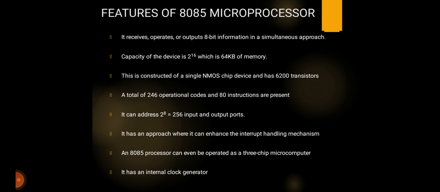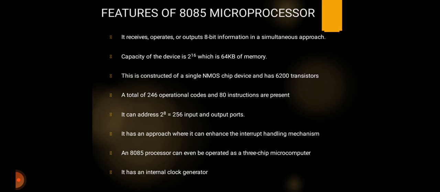Now, features of the 8085 microprocessor. It receives, operates on or outputs 8-bit information simultaneously. The capacity of the device is 2^16, which is 64 KB of memory. It is constructed as a single NMOS chip device and has 6200 transistors.